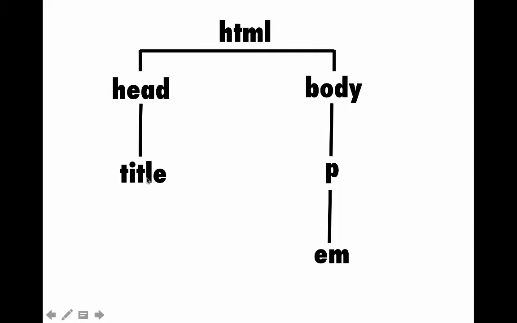And then title is within head, which is within HTML. See how it's very hierarchical? You've got an EM element, which is within the P, which is within the body, which is within HTML. You can't have an EM element that is both within and outside. This element can't be here and there.